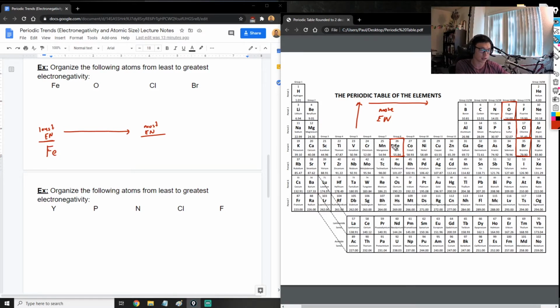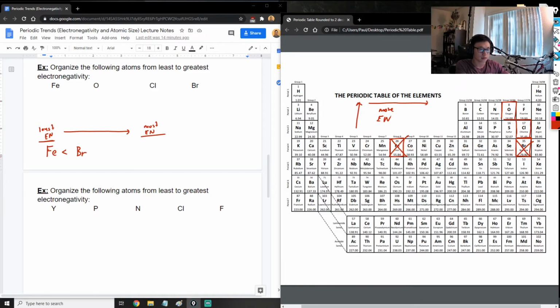As we move to the right and up, you'll see that Br is on the same row as Fe. The only difference is it has more protons, so the magnet in the middle is stronger. That means Br is the next one, a little bit greater than Fe in terms of electronegativity. And we're done with Br.